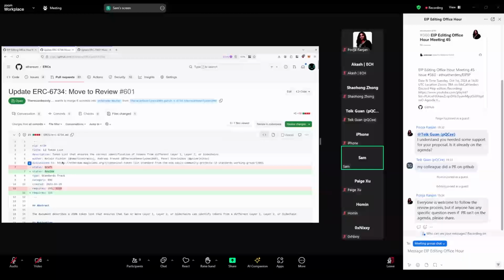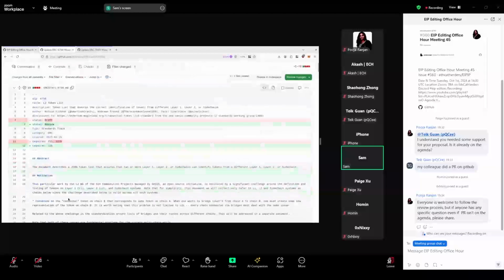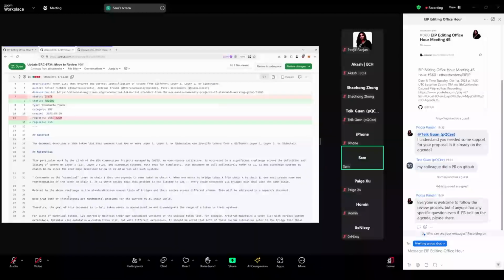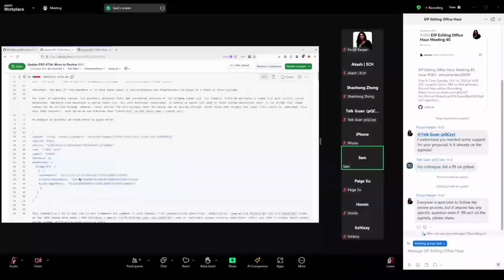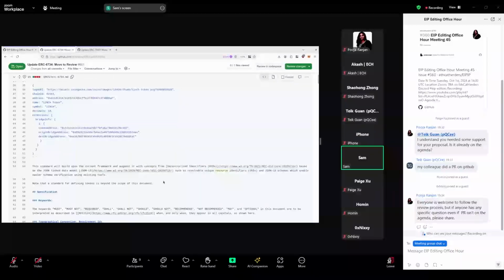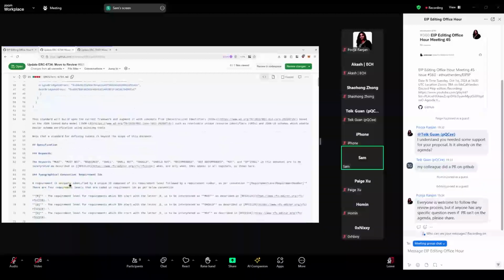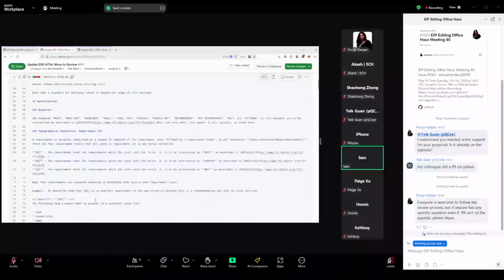L2 token list. Token list ensures the correct identification of tokens from different layers, L1 and L2, or side chains. All right. Document describes the JSON token list and ensures the two. Okay.